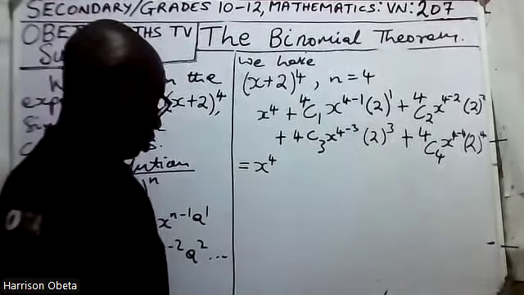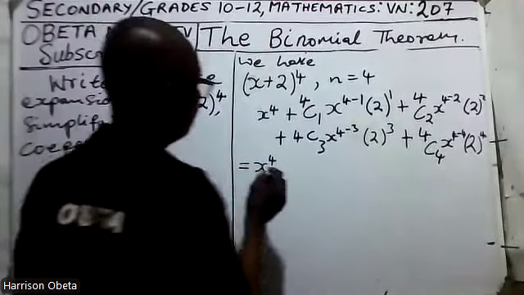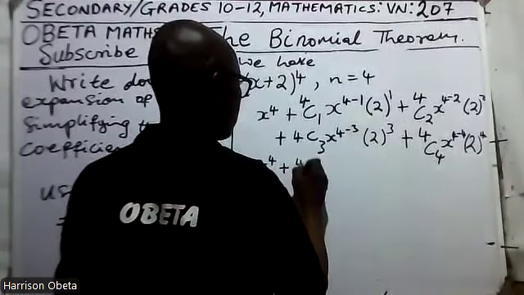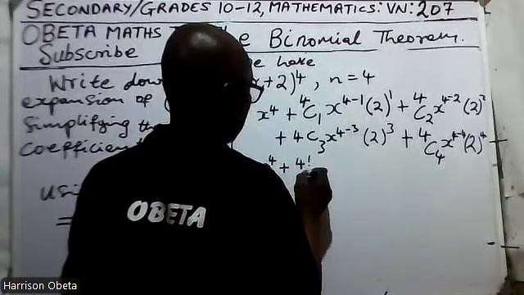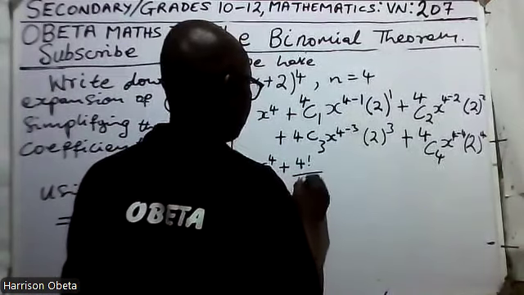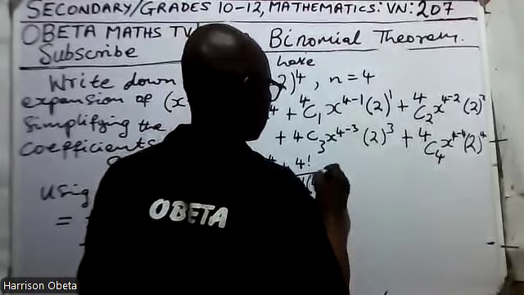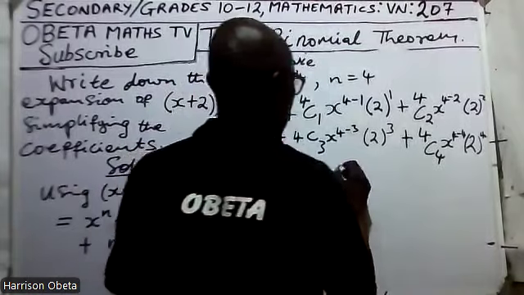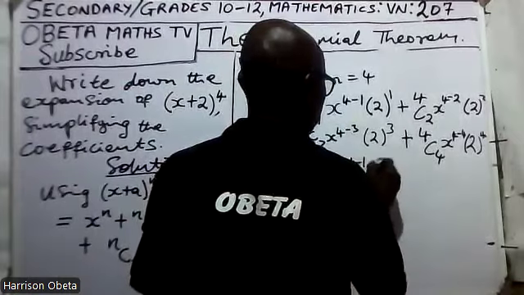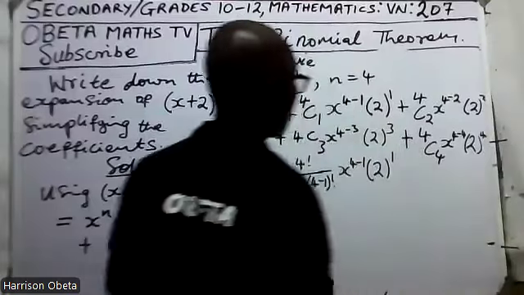Plus now we bring in this one, 4 factorial all over 1 factorial, 4 minus 1 factorial, then x raised power 4 minus 1 into 2 raised power 1.